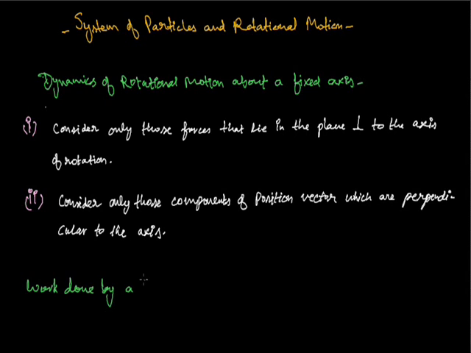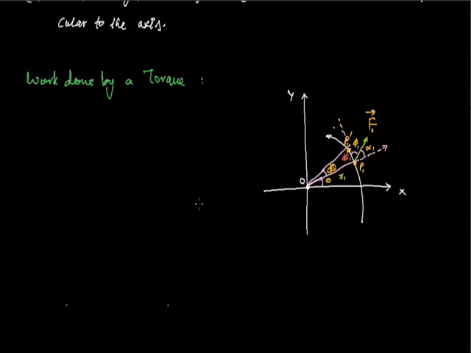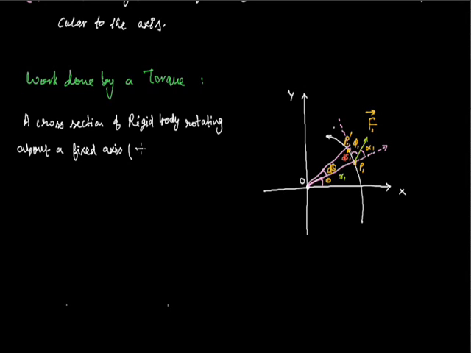Work done by a torque. See in the figure, what has been given here? A cross section of a rigid body rotating about a fixed axis, that is the z axis, perpendicular to the plane of the page, and the direction of rotation has been shown anti-clockwise.